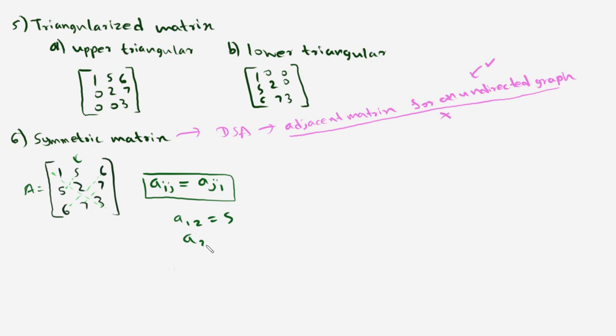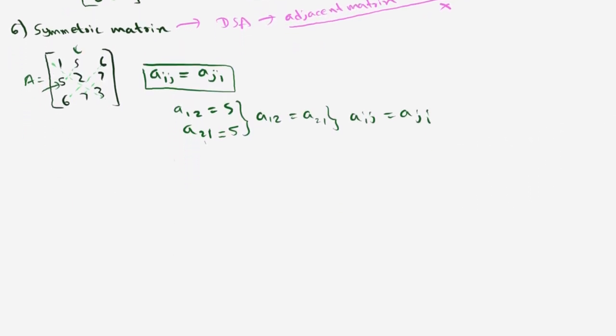Let's take a21, second row first column, so again 5. So these are similar, so a12 equals a21. Likewise all the aij equal aji. So such a matrix is a symmetric matrix.